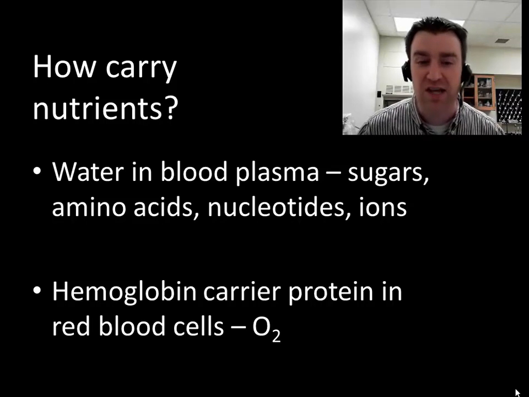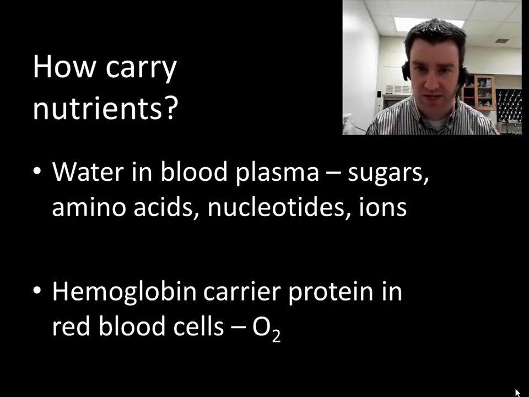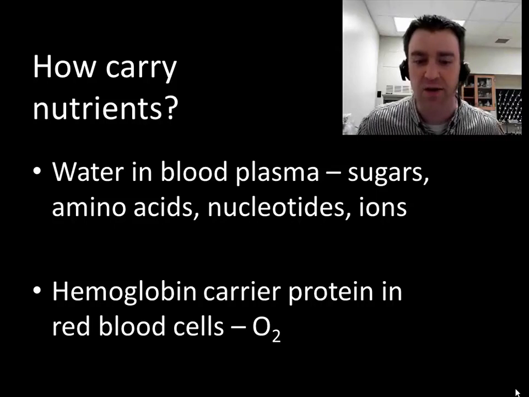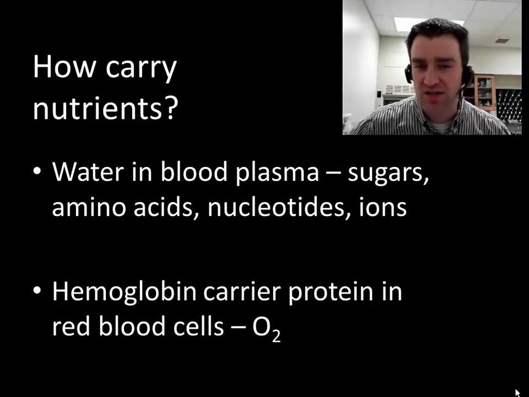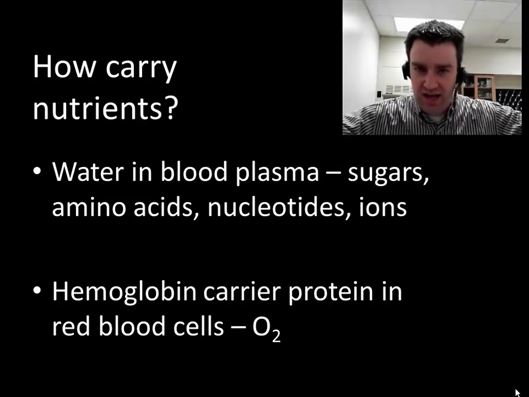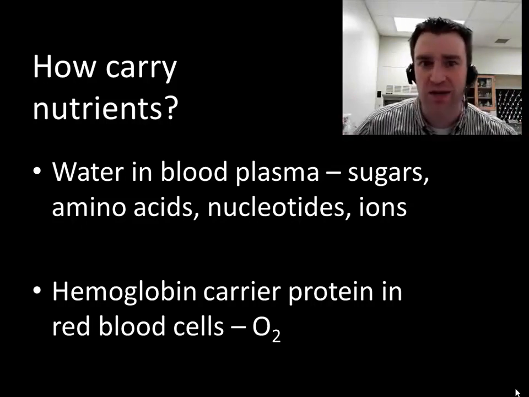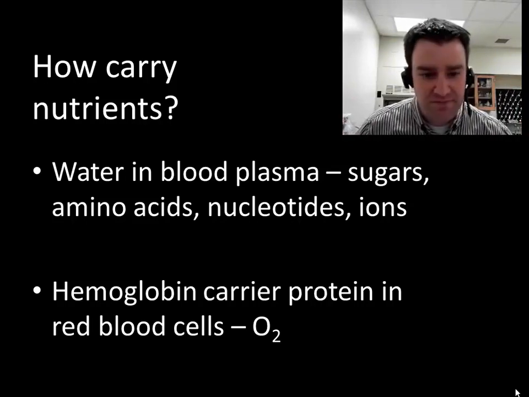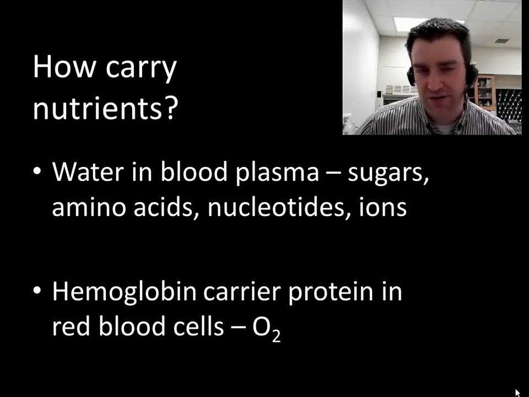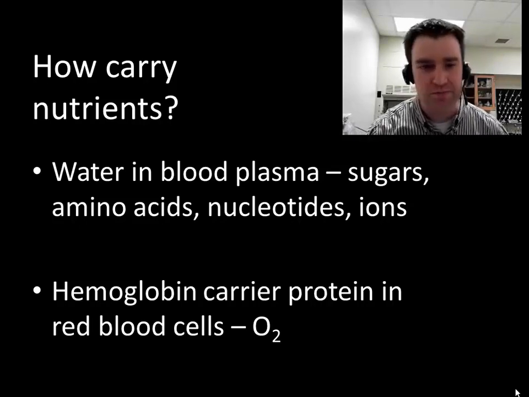Remember that that's called hemoglobin. Hemoglobin is a protein within the red blood cell that can bind weakly to that non-polar oxygen and carry it around. It's kind of important that it binds weakly to the oxygen because then it's willing to let it go once we get to the body cells themselves. So we have carriers for non-polar molecules.